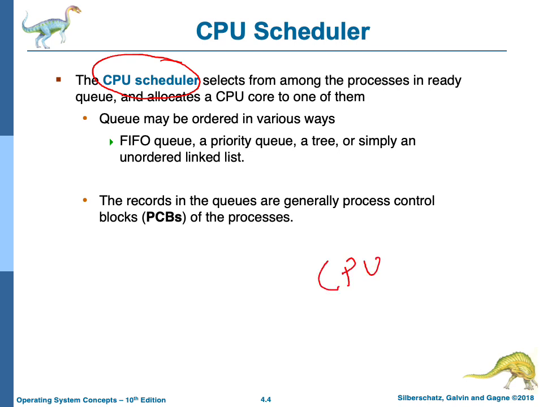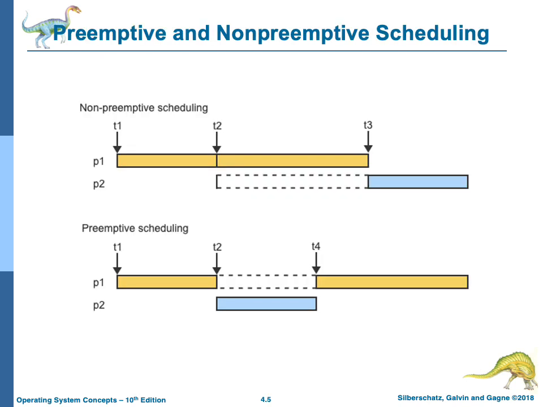So there's always this list of waiting processes, so we keep track of their PCBs. And then, depending on which scheduling algorithm the scheduler is currently running, it would choose the process to run next on the CPU. Now, scheduling algorithms come in two types, preemptive and non-preemptive.